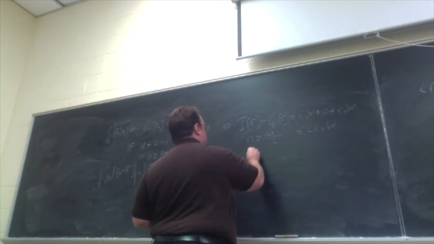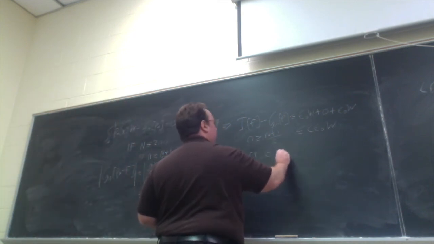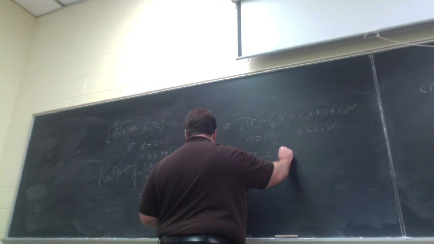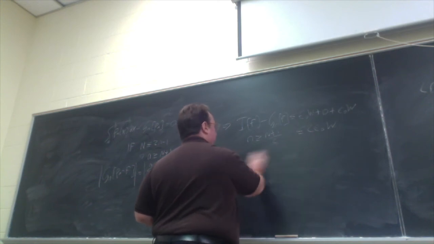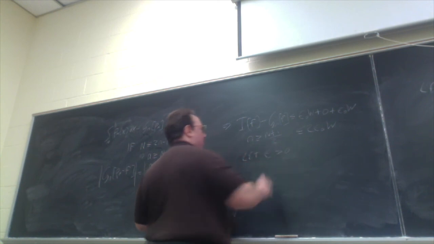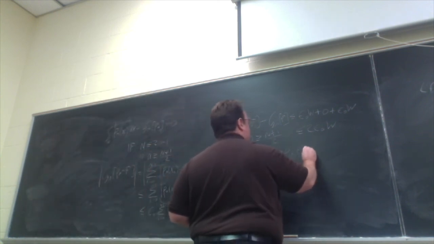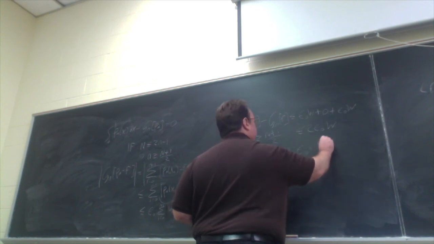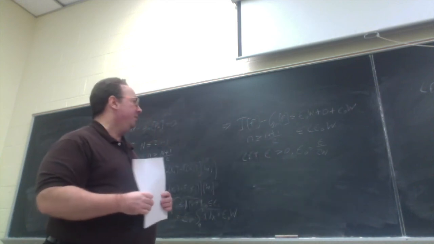So now I'm going to let epsilon naught be equal to... I'll choose any epsilon greater than 0, so that's totally arbitrary. And therefore, epsilon naught is going to be epsilon over 2W.